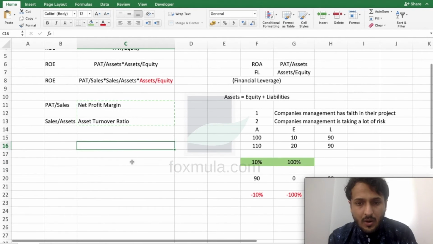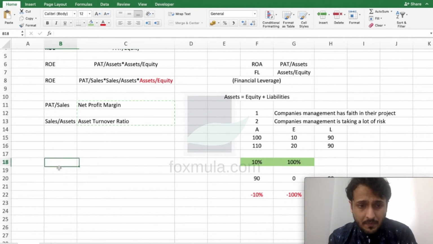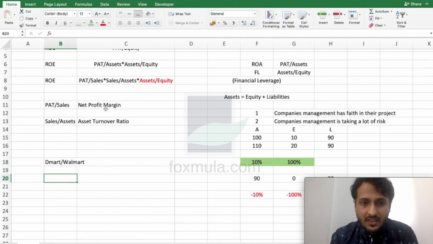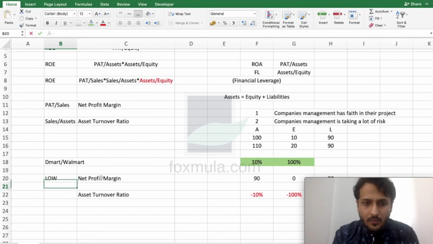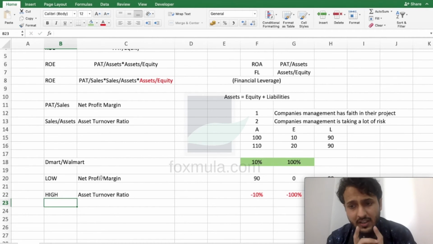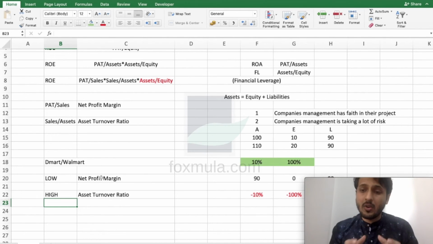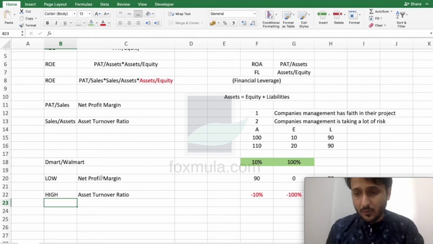So I can say that this is low while this is high. So what is driving the return on equity for these kinds of business? Your answer should be asset turnover ratio. Asset turnover ratio is driving the return on equity for DMart or Walmart kind of business.